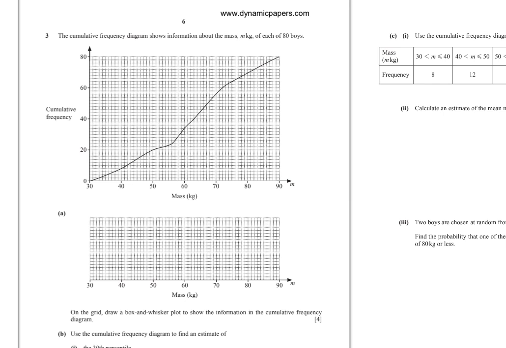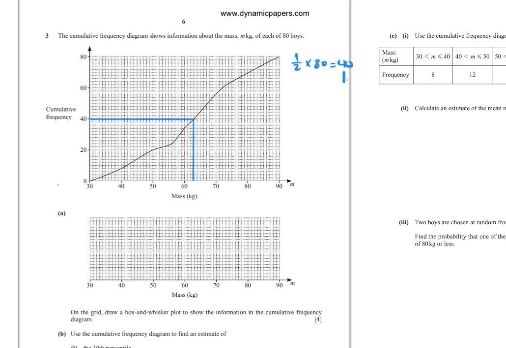For box and whisker, we need to find the median, lower quartile, upper quartile, and the greatest value and the least value. To find the median, find the order for the median, half times 80 equals 40. Now from 40, draw horizontal line till you reach the curve, then go down.